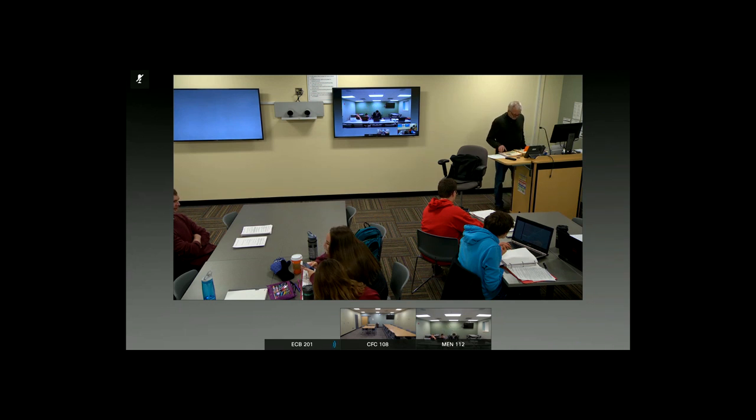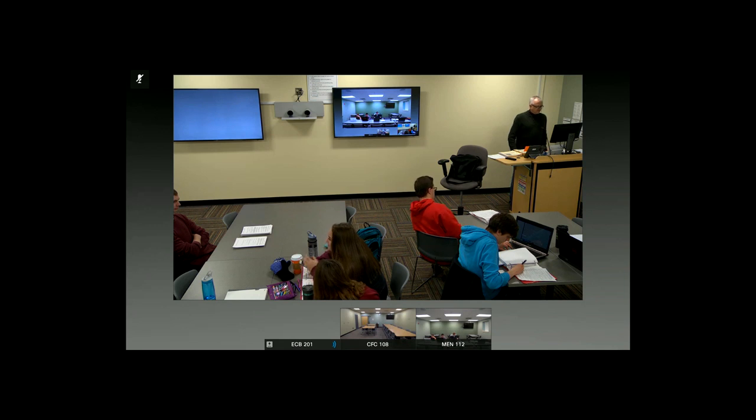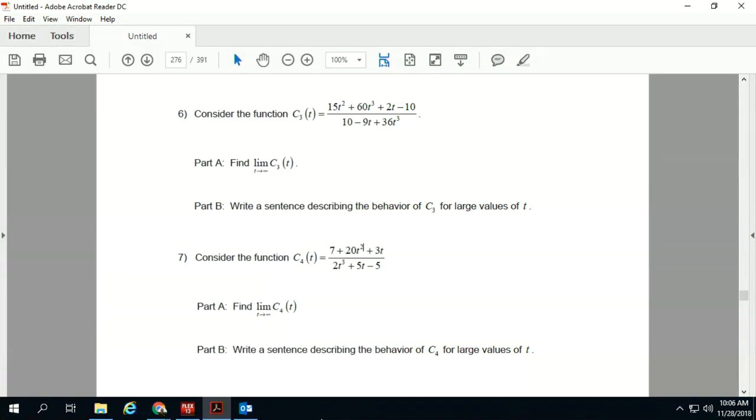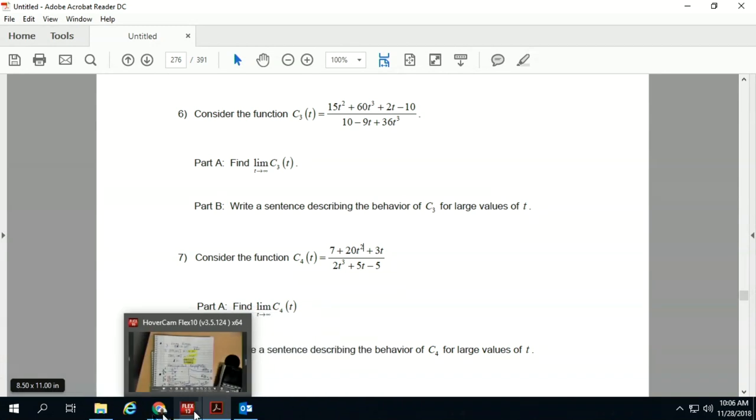Okay, let's get started. If you look at page 249, we've got these limits. The part to pay attention to in this first one, remember, is just the powers. The power of the numerator is smaller than the power of the denominator. Did anybody not get this page copied into their notes yet?